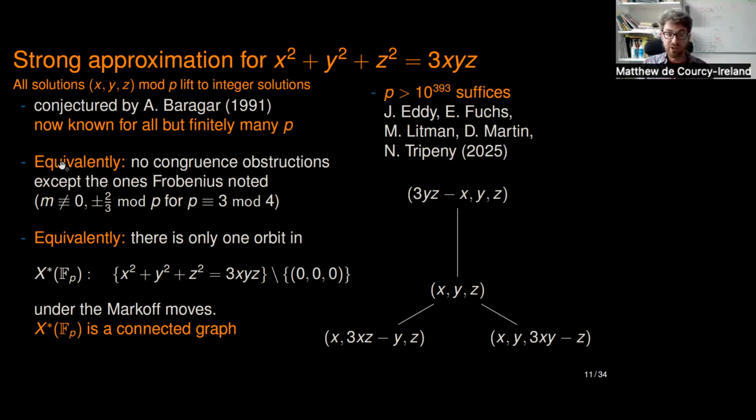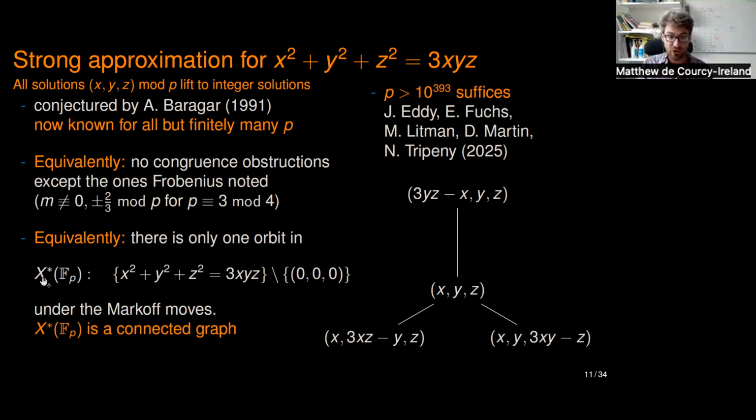An equivalent way to state strong approximation is that there are no congruence obstructions to being a Markov number, except the ones that Frobenius already noted, that they can't be 0 or 2/3 modulo primes that are 3 mod 4. So yet another formulation is that the Markov moves act transitively.